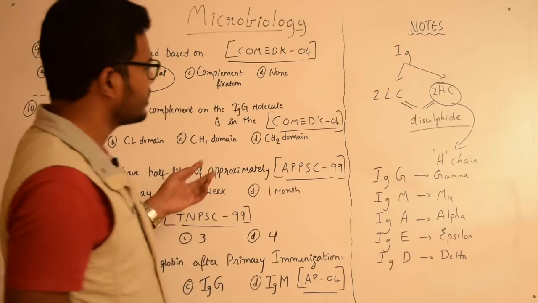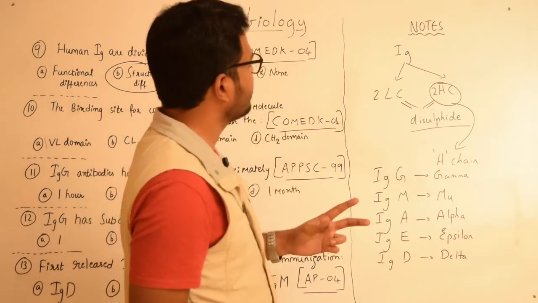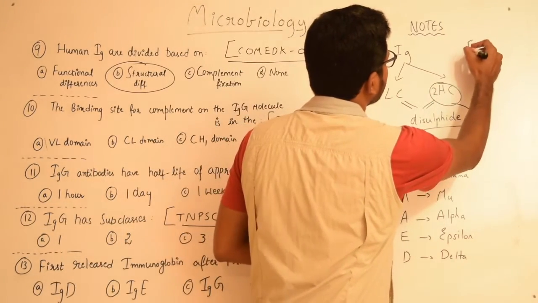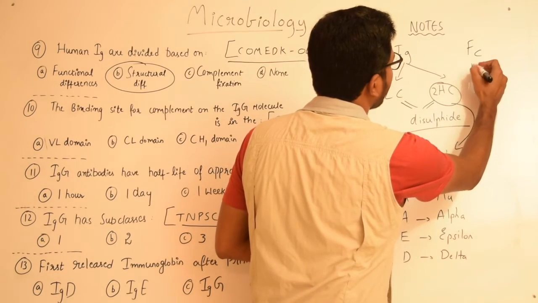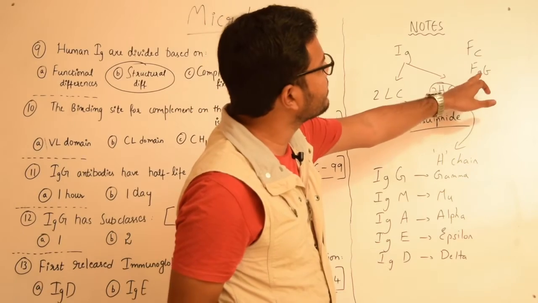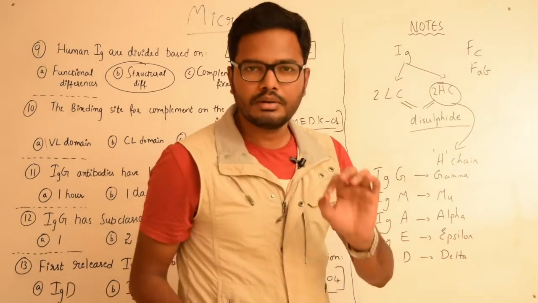Before answering, let's briefly see the structure of immunoglobulin again with respect to its binding site. Any immunoglobulin has an FC site and an FAB site. The FAB site is the antigen binding site, whereas FC is the complement binding site.